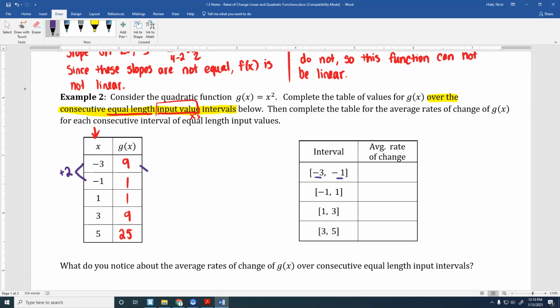And then I also want to look at what happened to my output values, to my g of x here. From 9 to 1, that went down 8. So if I want to do the slope here, I don't have to do the full slope formula, although you could if you wanted. I can just do change in y over change in x, and that will give me negative 8 divided by 2, which will give me negative 4.